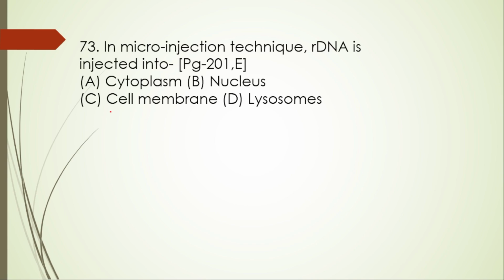In the microinjection technique, rDNA is injected into cytoplasm, nucleus, cell membrane, or lysosome. Here the right option is option B, nucleus. The recombinant DNA is directly injected into the nucleus of an animal cell using a glass micropipette.